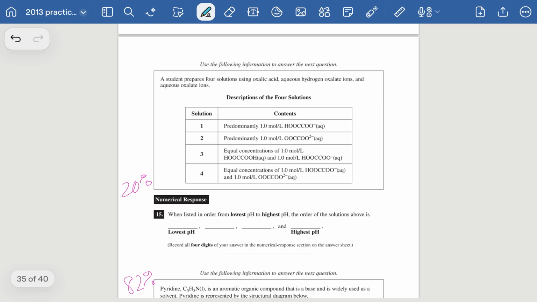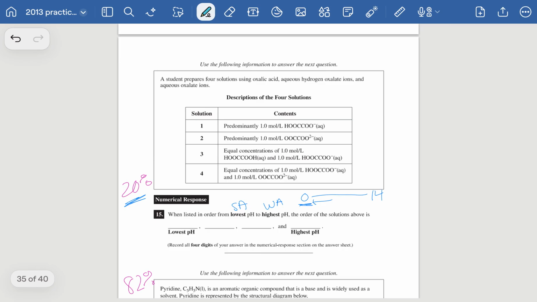Now this one, again, this did not test well at all. It's asking from lowest pH, so you want the strongest acid, to highest pH, so weakest acid. Just remembering the pH scale 0 to 14, the closer you are to 0, the stronger you are. If you look at your data booklet for your lowest pH, you are looking for your strongest acid.